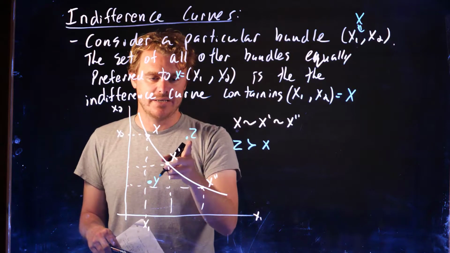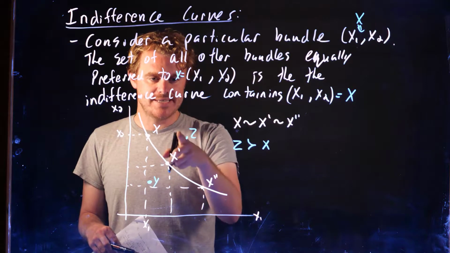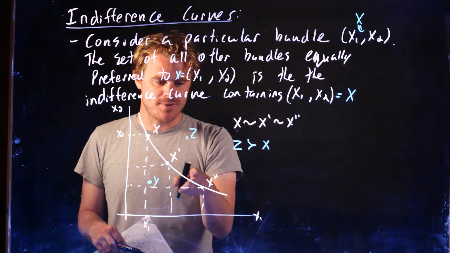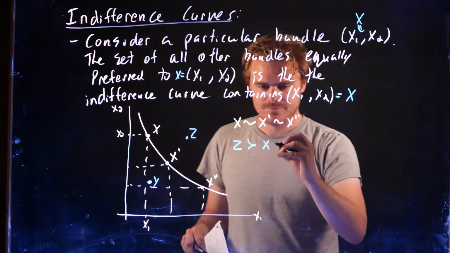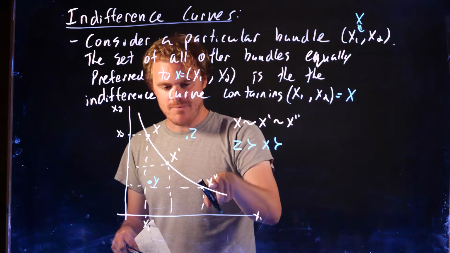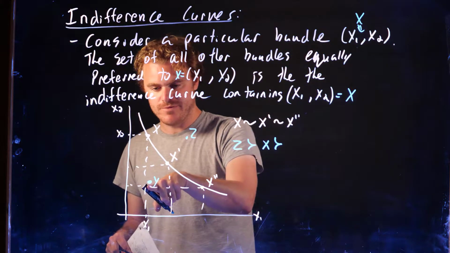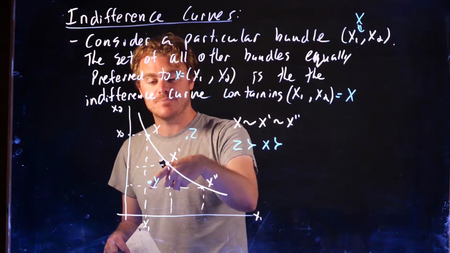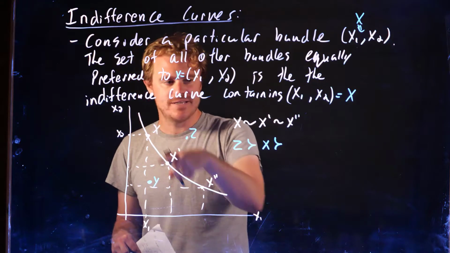And so bundle Z is going to be preferred to bundle X, X prime, and X prime prime. And bundle X or X prime or X prime prime is going to be strictly preferred to bundle Y, since Y is closer to the origin, so it's less preferred than anything on this indifference curve.